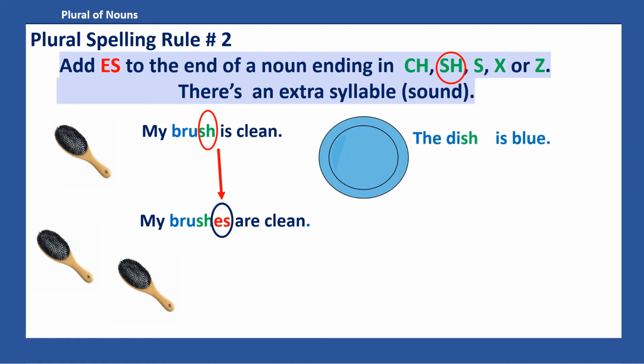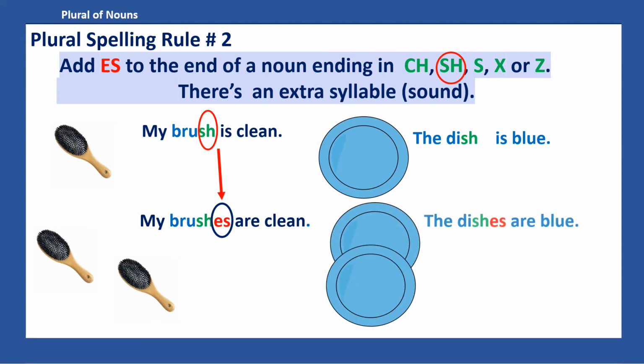The dish is blue. The dishes are blue. What's the noun? Dish. What are the last 2 letters? sh. And when you have sh on a noun to make it plural, you add es and you also add a sound.